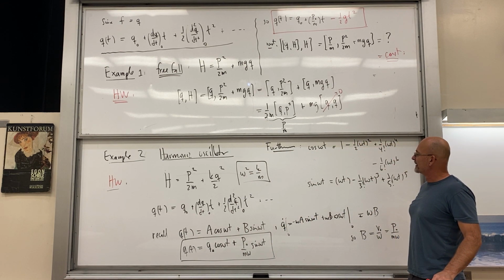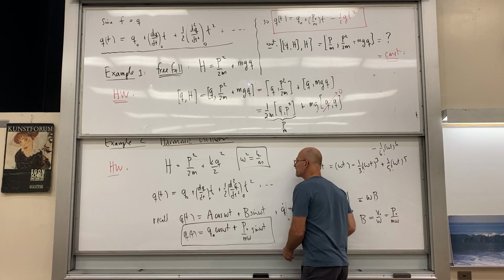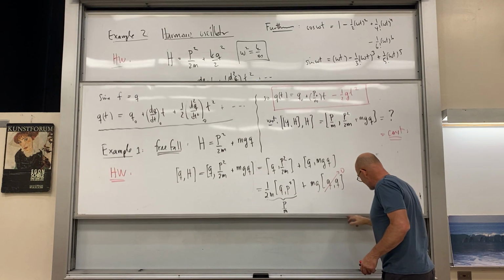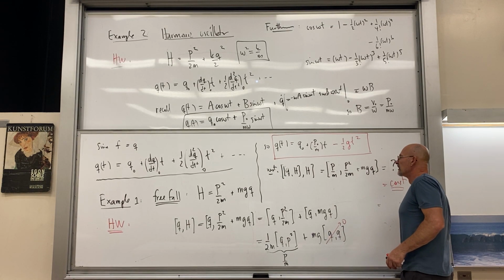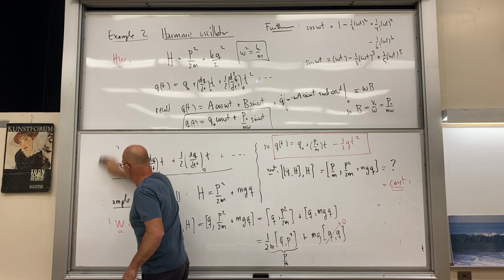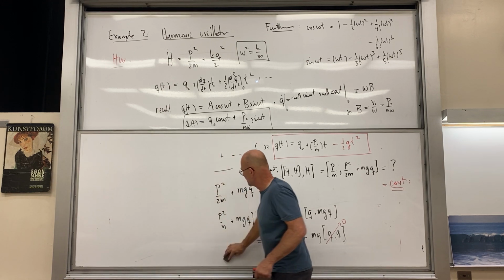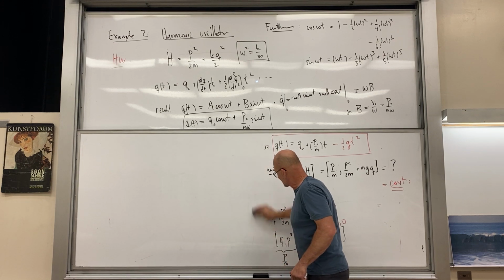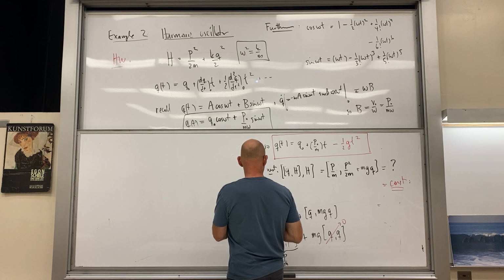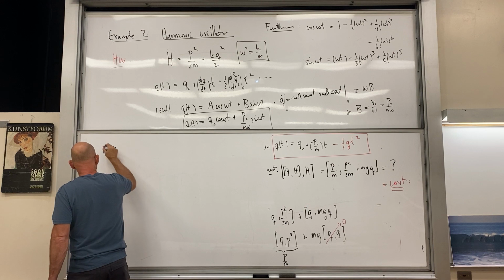And maybe I'll just write down the first of those Hamiltonians, just to make sure we see, because you'll find them alternating. So we're looking at Q, H, that would be our first one.